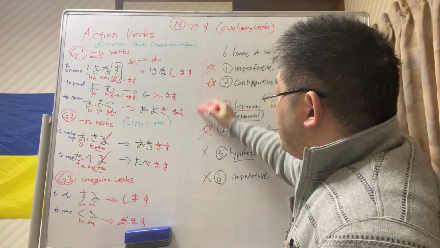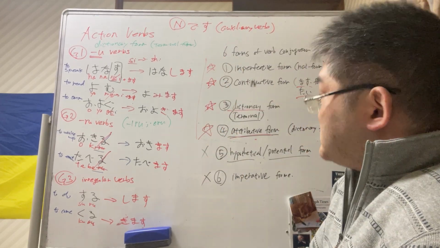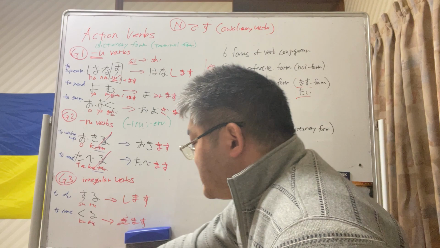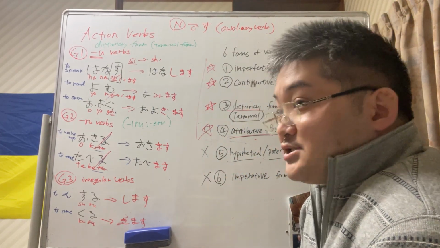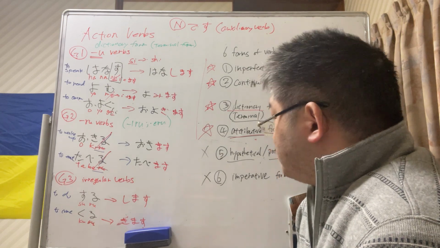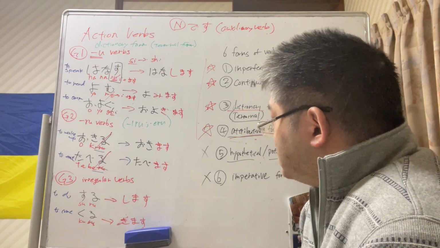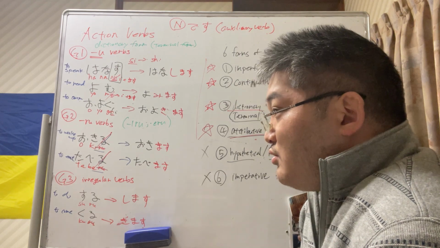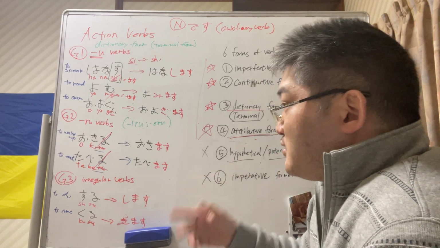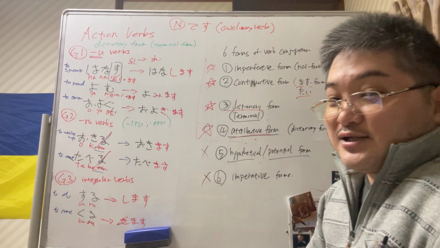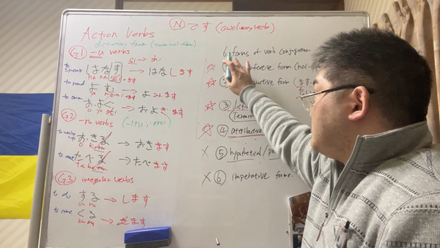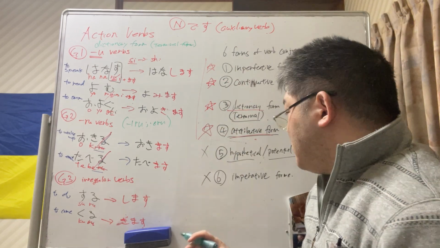So you know the first four cases, and this is good enough for at least N5 and N4. I would say you can get away with N4 with this one as well.